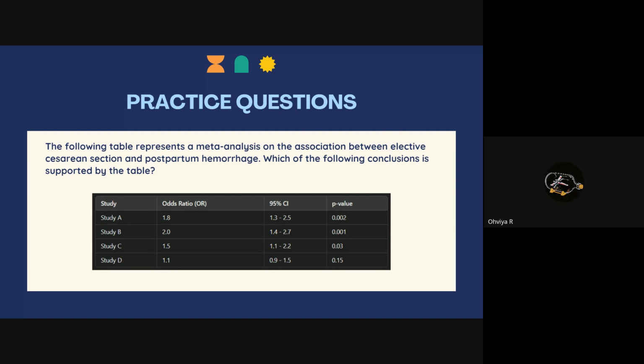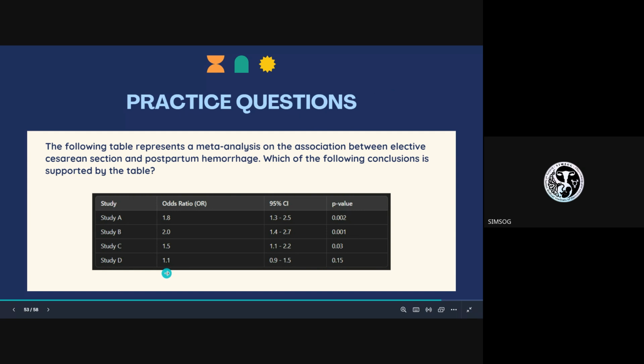Study D will not be statistically significant. The p-value is higher. Exactly. The odds ratio is saying that there is an increased risk because it's still more than one, right? But study D does not have a significant finding because the p-value is more than 0.05.